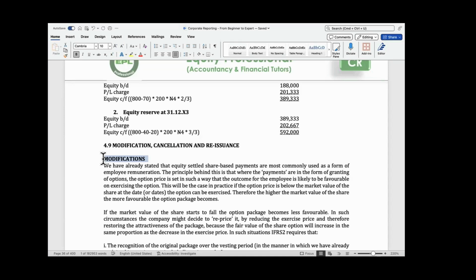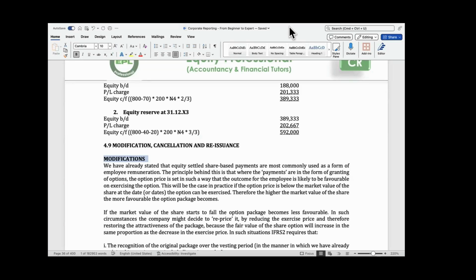So how do we account for all of this? The only impact we're going to have here is the fact that the fair value of the share option at the grant date is changing, because that's the only item that we use from all I've taught you so far.